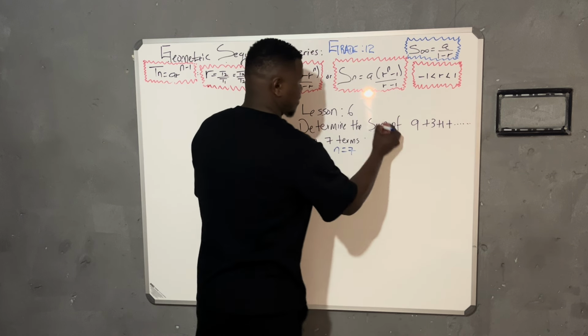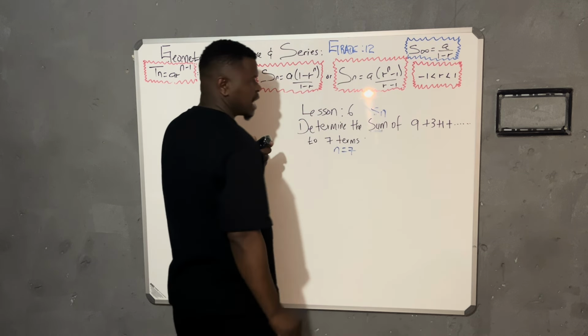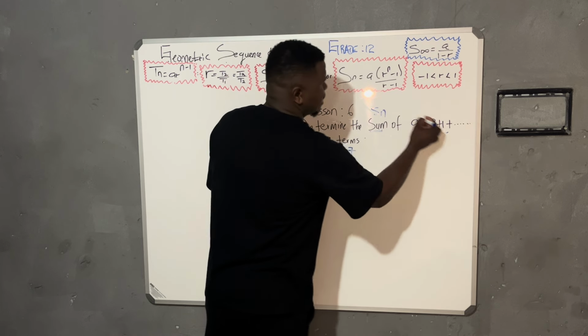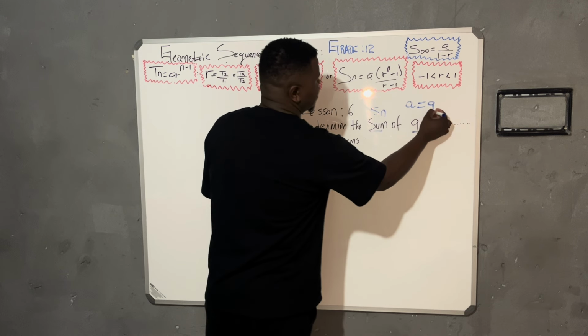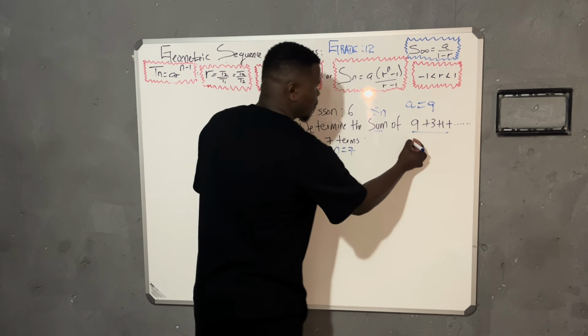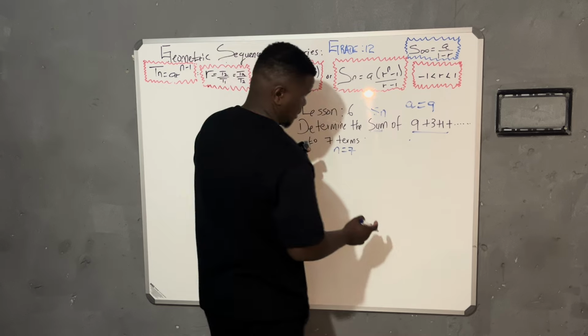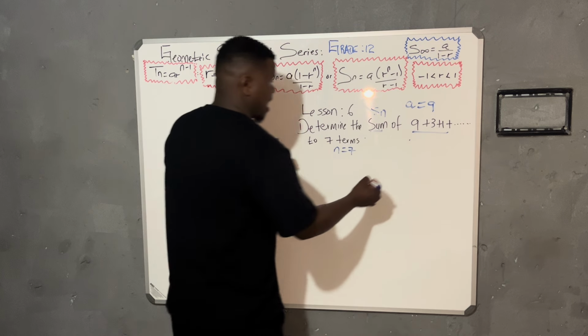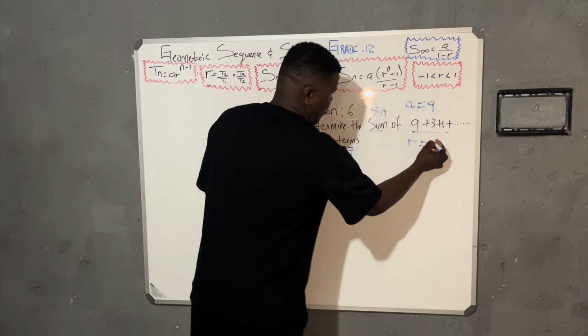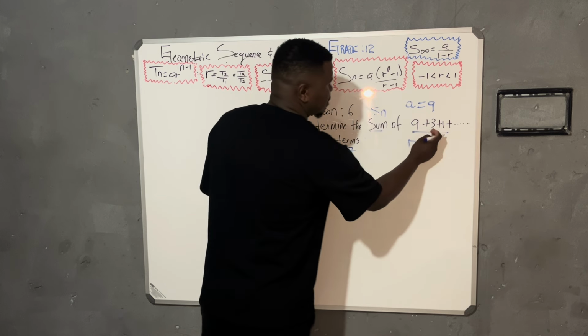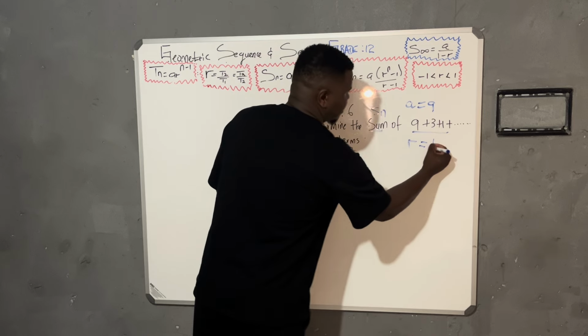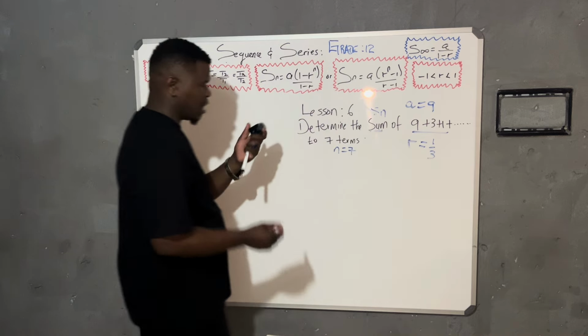And they are looking for the sum, that's Sn. And we've got the first 3. That means you already have an A, which is 9. And we can get R, which is 1 over 3. Look how fast that is.